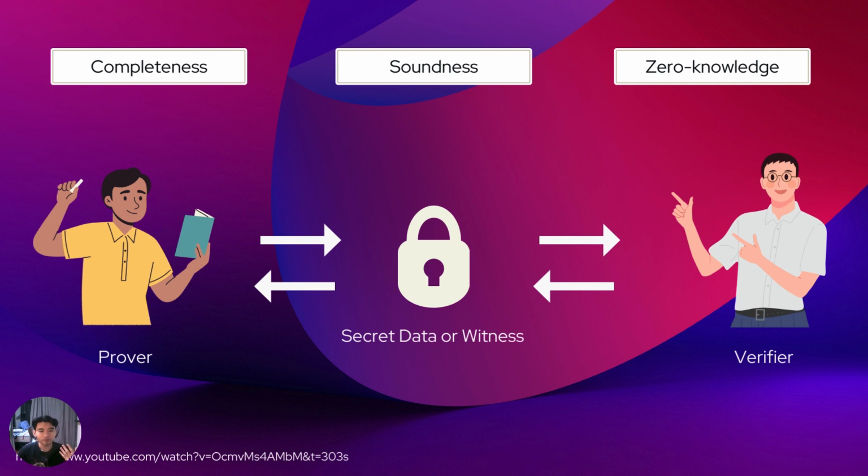The verifier will randomly select additional questions to ask, and the prover will provide the correct answers. By repeating this interaction multiple times, the verifier will gain confidence in the prover's knowledge without learning anything about the witness or the secret data at all.